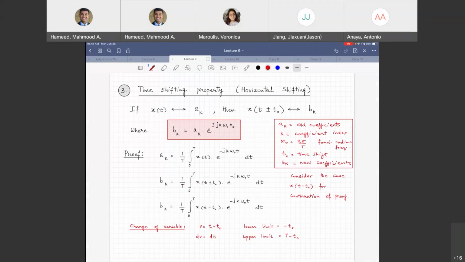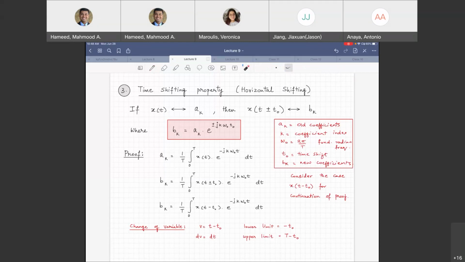That's the question. I hope that you guys are quick to conclude that you are not going to be changing a_0, the DC term, because if I move things left or right, I'm not changing the average of the signal. The only thing that I'm changing is all the other Fourier series coefficients. So a_0 remains as is.